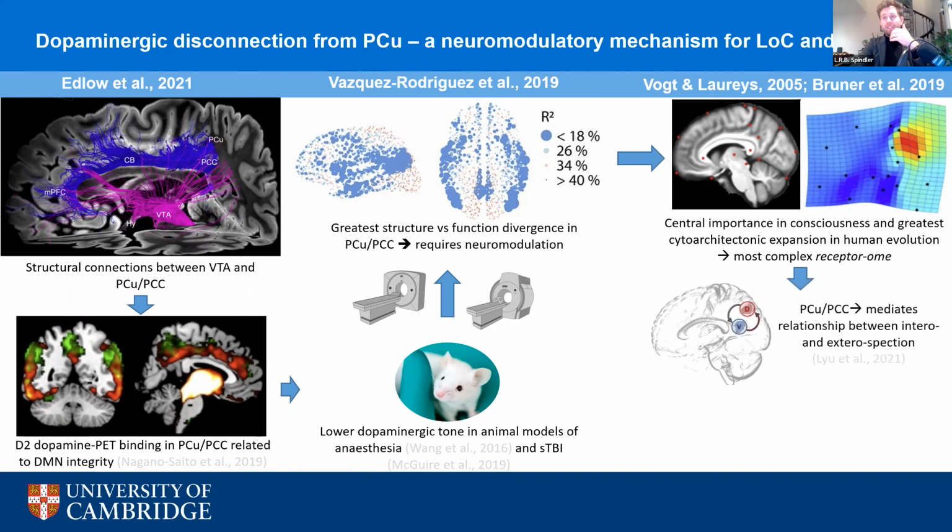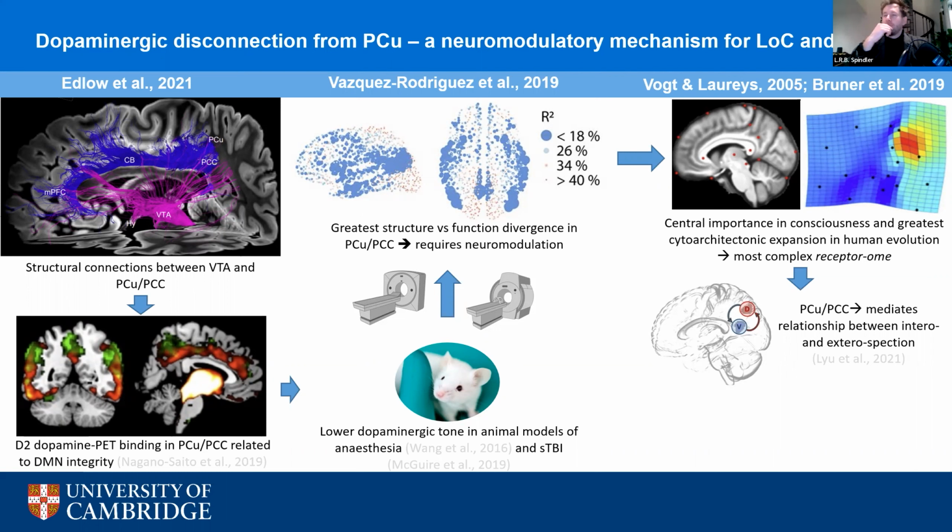And this means, particularly with a view to the work that you have undertaken at the GIGA, that precuneal function, which is so important for the balance between intero and extero inspection, could very feasibly be impaired by a dopaminergic neuromodulatory deficit.